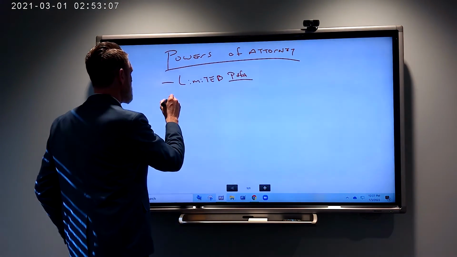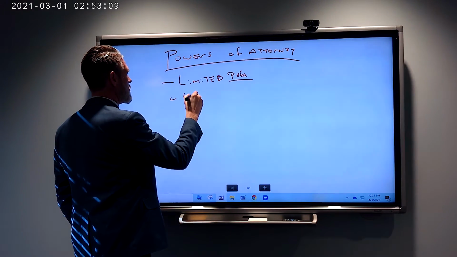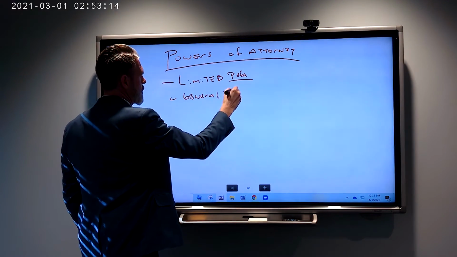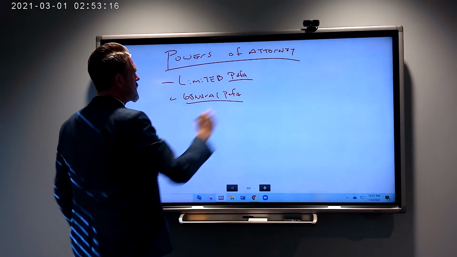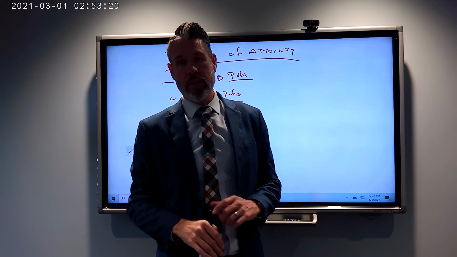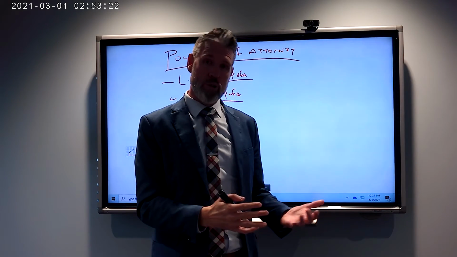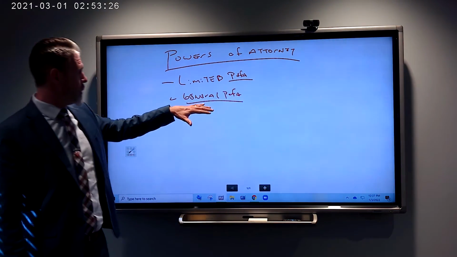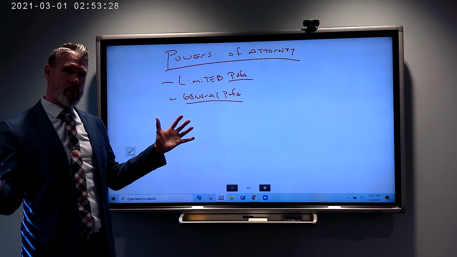Whereas if we do a general power of attorney, then I'm giving them discretion to do everything I could do if I still had the ability or I was here to do what needed to be done. So general is very open. It gives them the ability to do everything on your behalf.